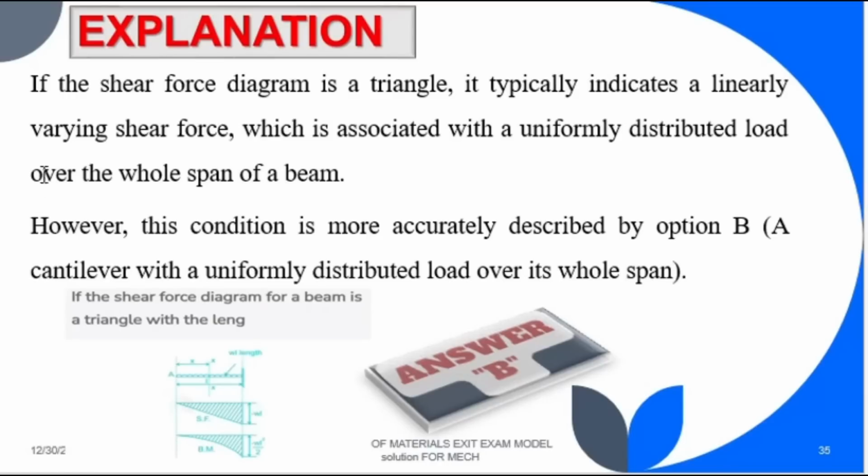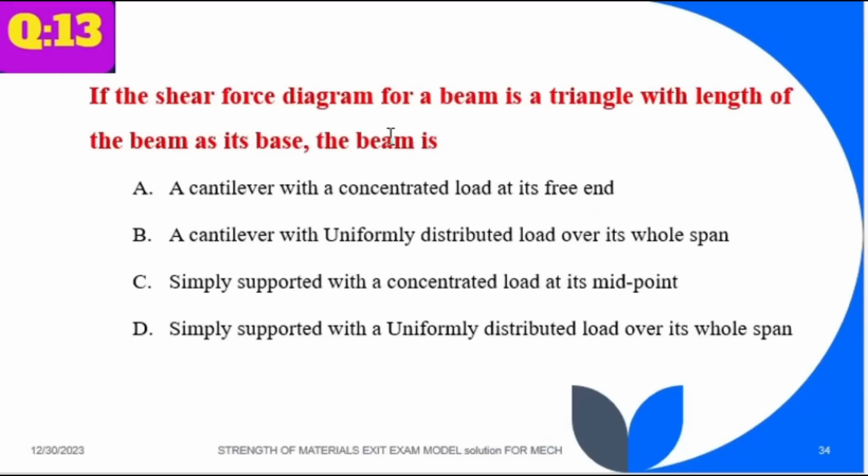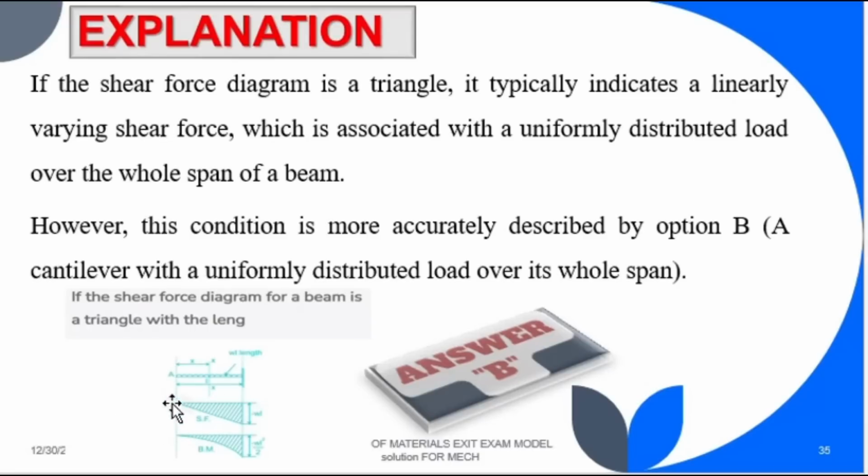Okay, let's see the explanation here. It is given that the shear force diagram for a beam is a triangle with the length of the beam as its base. That means here we have the shear force diagram as a triangle. And if the shear force diagram is a triangle, it typically indicates a linearly varying shear force.